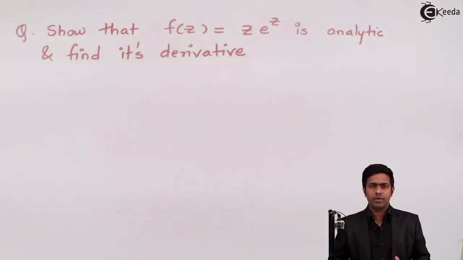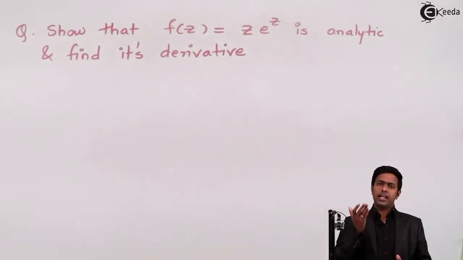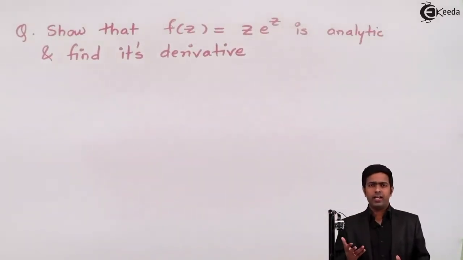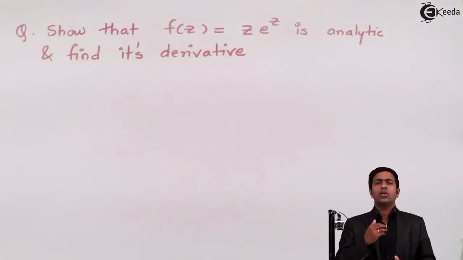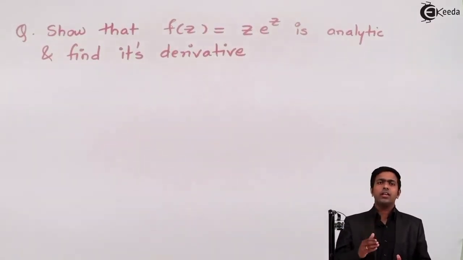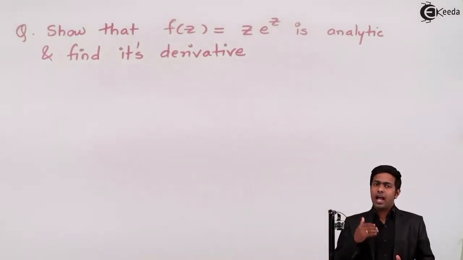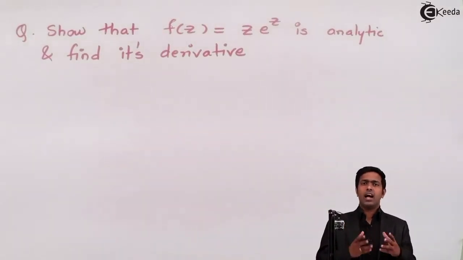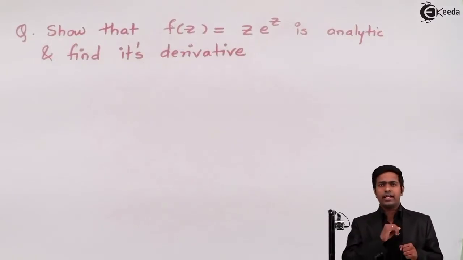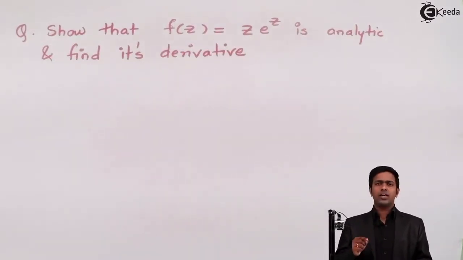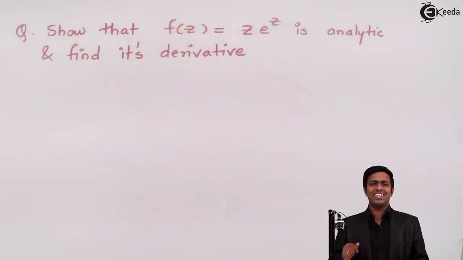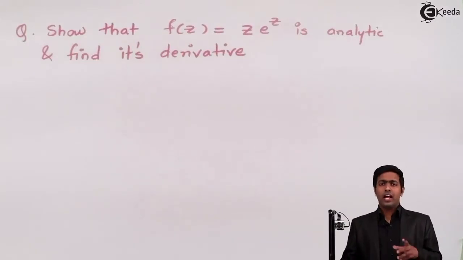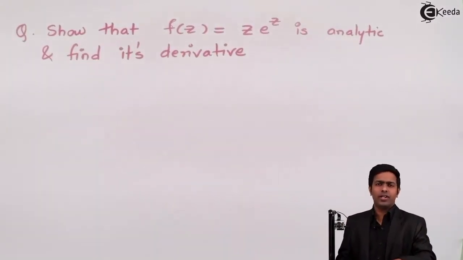When we represent it as x plus iy, it is a Cartesian form, hence we have to use the Cauchy-Riemann equations in Cartesian coordinates. And if we take z as r e raised to i theta, then we have to consider the Cauchy-Riemann equations in polar coordinates, since we have r and theta in z. So here to solve it, I am going to use the Cartesian coordinates.